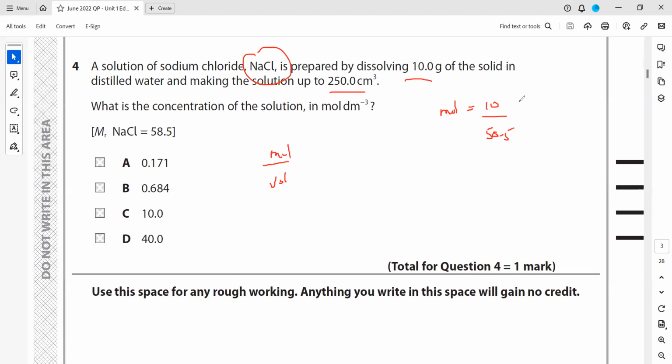This will give us the moles. The volume is in cm³, so we have to convert it to dm³. So moles will be 10 divided by 58.5 and the volume is 0.25, because we divide by 1000. This will give us the concentration. After solving, we'll get B as the right answer.